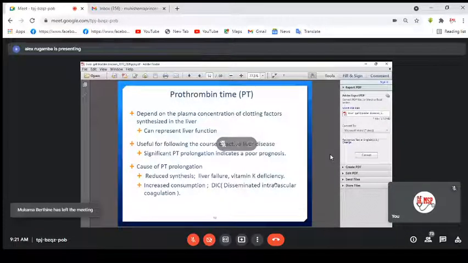For example, if you had an accident and your blood doesn't clot, it means that there is a liver problem. For people with liver diseases like cirrhosis, if they have an accident, the blood will not clot.